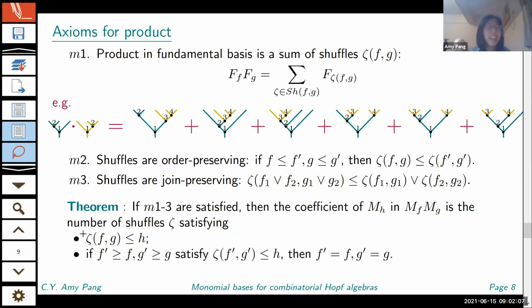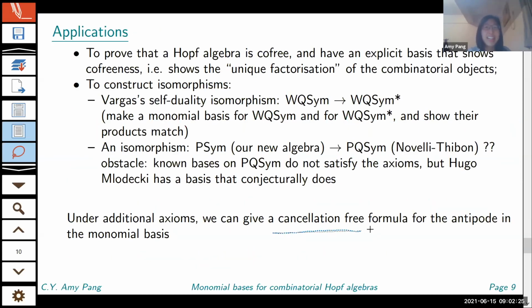This is where you actually save a lot of time. The product is what motivated us to do this. We were happy to just do the co-product separately for all the algebras. We also have a cancellation-free formula for the antipode, again just what Aguirre-Sottili says, and the proof of this is even more than 4 pages.